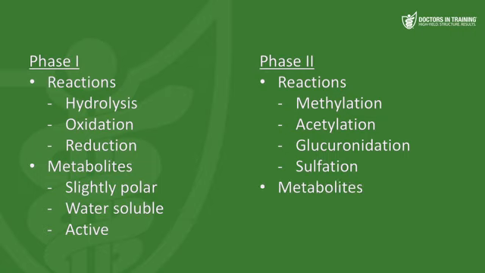All of these phase 2 reactions result in very polar, inactive metabolites that are easy to excrete in the urine. Those highly polar, hydrophilic molecules can't cross cell membranes very readily, which means they cannot be easily reabsorbed by the kidneys. They get trapped in the urine and then excreted.